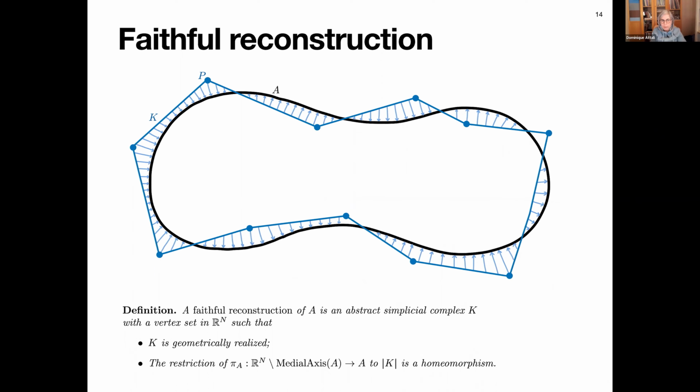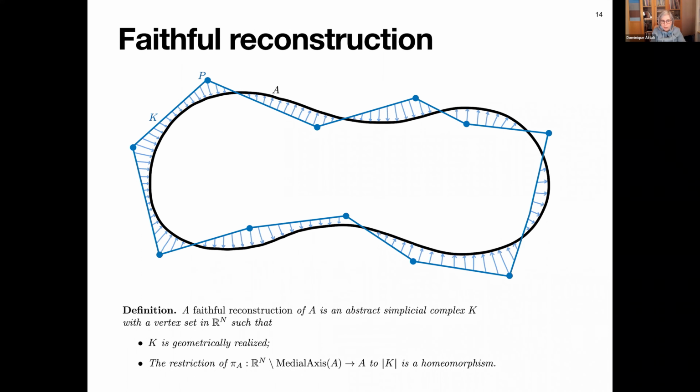So that's what we call a faithful reconstruction. So a simplicial complex K that is geometrically realized, and such that if we consider the restriction of the projection to its domain, then as we project the domain onto the shape A, we have a homeomorphism.